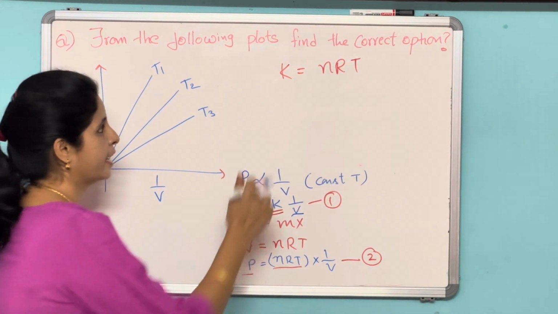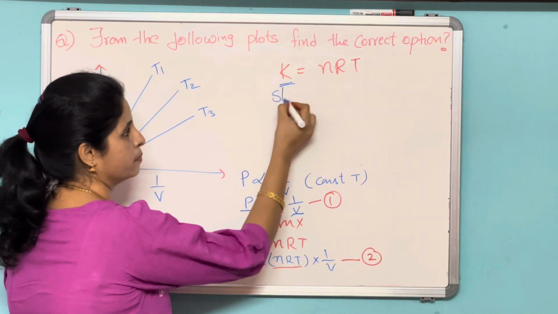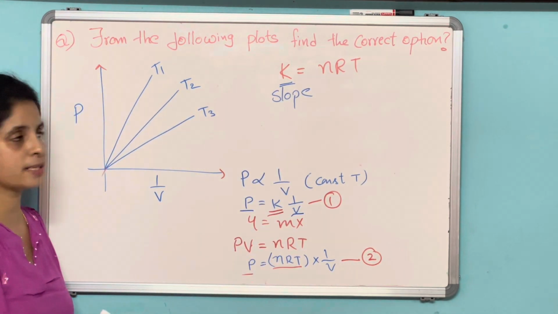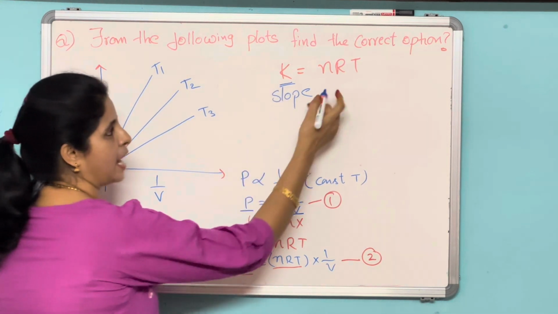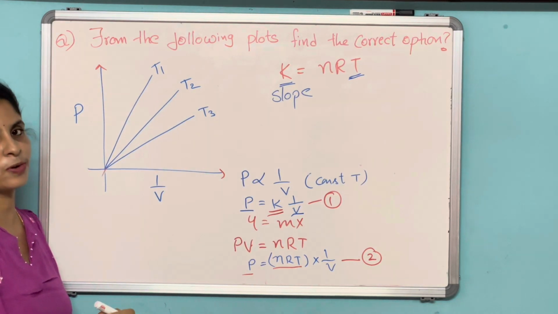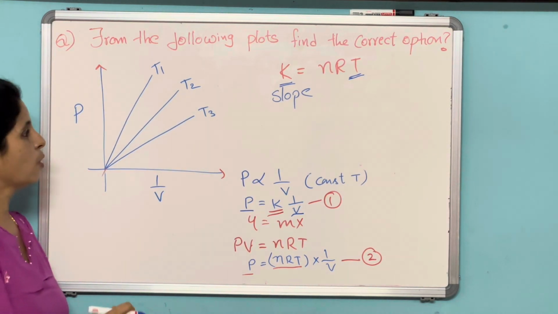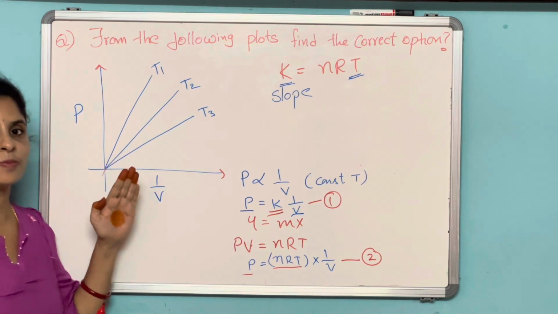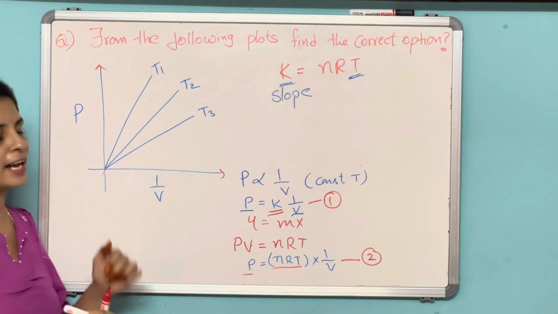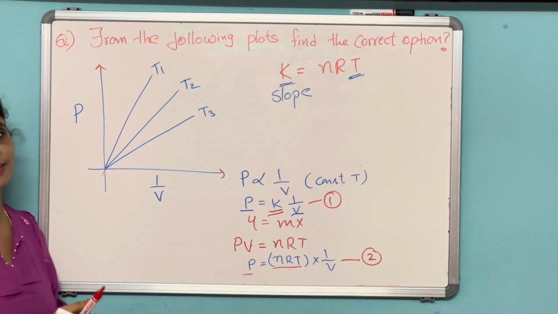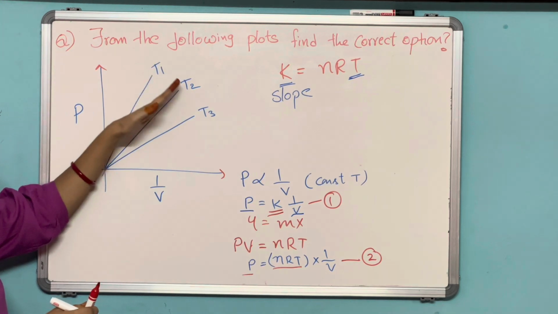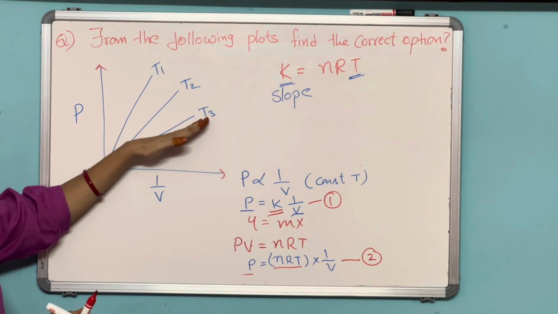Here K means slope, in the form y is equal to mx. So K is the slope and it is proportional to T. If the slope is more, the value of T is more. Simple. So here more slope, less slope, still less slope.